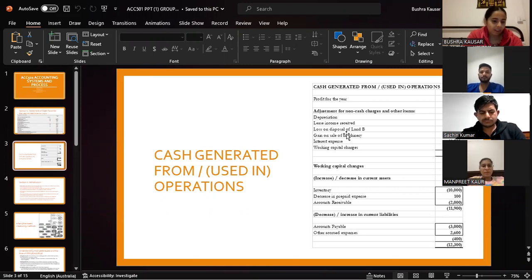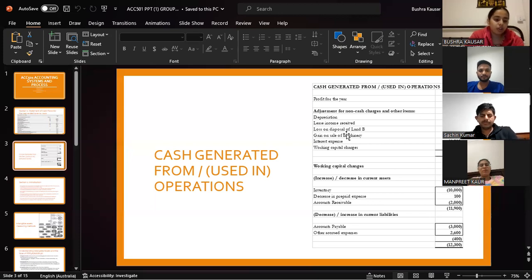Depreciation. Depreciation is an expense reported on the income statement that doesn't involve an outflow of cash. It is added back to net income because it reduces profit but not cash. Lease income received, this is the second point. This income is not from operations and therefore it is subtracted from net income.